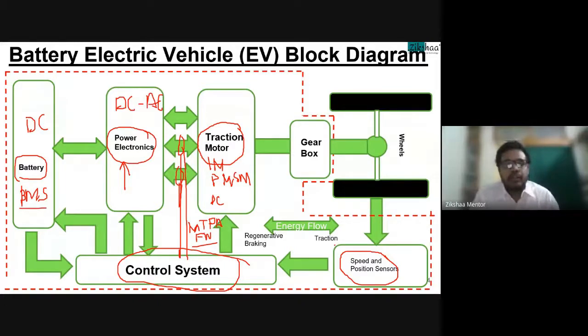There are also newer technologies. If you are interested, we have control algorithms which don't need the inputs from the speed and position sensors, because if you go a little bit in depth into the sensors and how they work, you'll find there are a number of problems: the wear and tear, the inaccuracy of sensors.